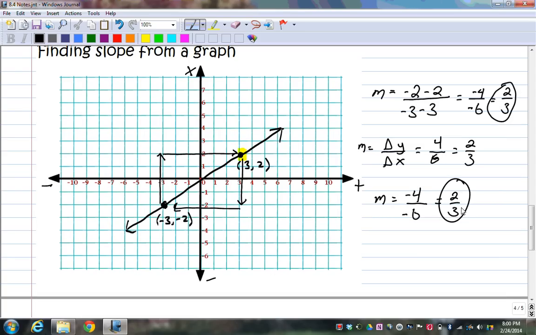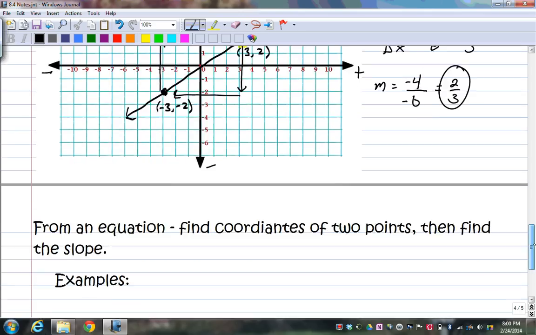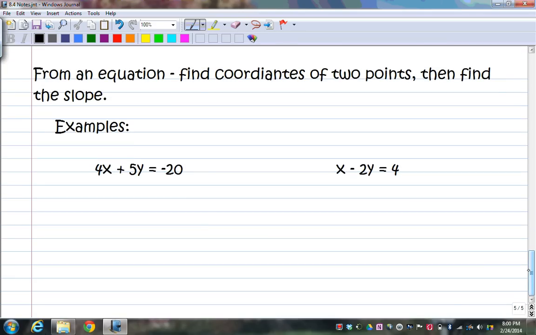Now I'm going to give you a couple of equations. Here I have 2 equations, and if I want you to find the slope from them, what you could do is pick values for x and for y. You can use any value for x and y and just find the corresponding point. So x, y, and you know what I love to use?